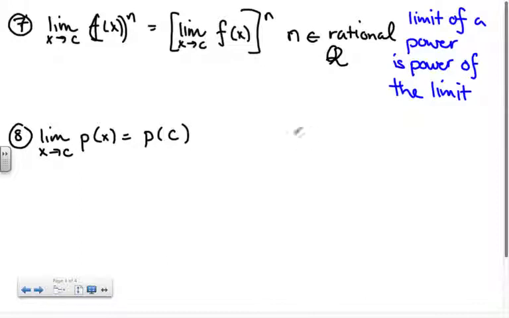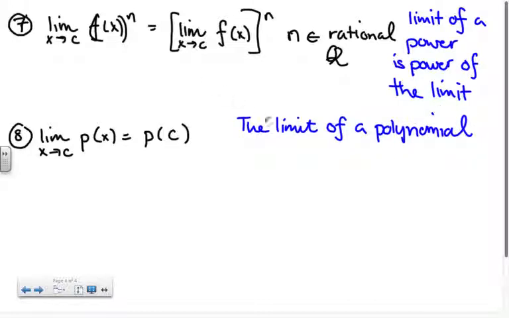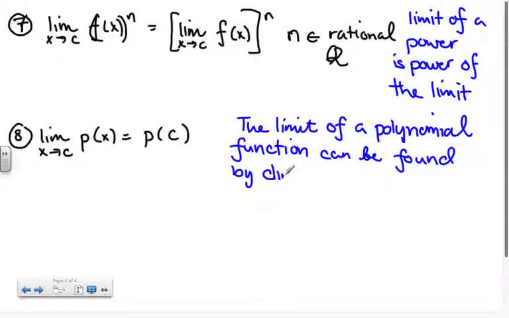Okay, I'm gonna write found by direct substitution. And of course, p is polynomial function.